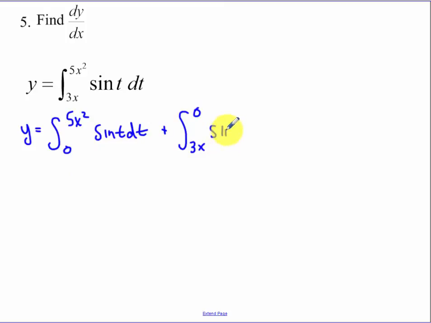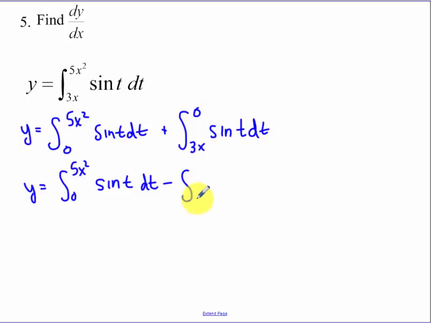It can be really any number you want. Also, remember that for the formula I gave you to work, the function needs to be on top. So it needs to be our upper limit. So how do I change those? I change the sign to a negative, and we go from 0 to 3x, the sine of t dt.